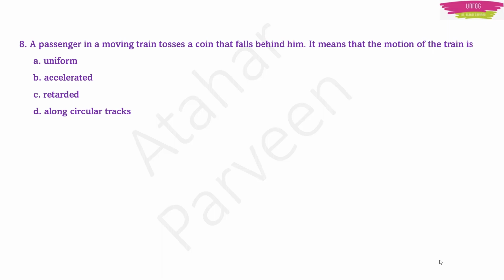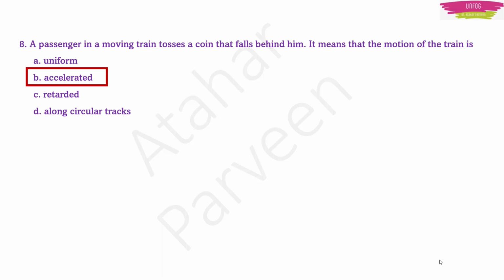Uniform it can't be, because if it was uniform, that coin would fall right there only, correct? Then along circular tracks also it will not be, because that will be another scenario. Either it should be accelerated or it should be retarded. The answer will be accelerated, because the train is moving forward, correct?